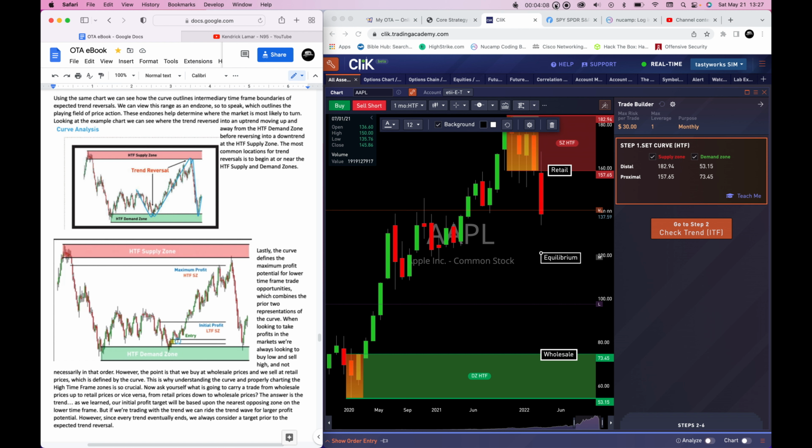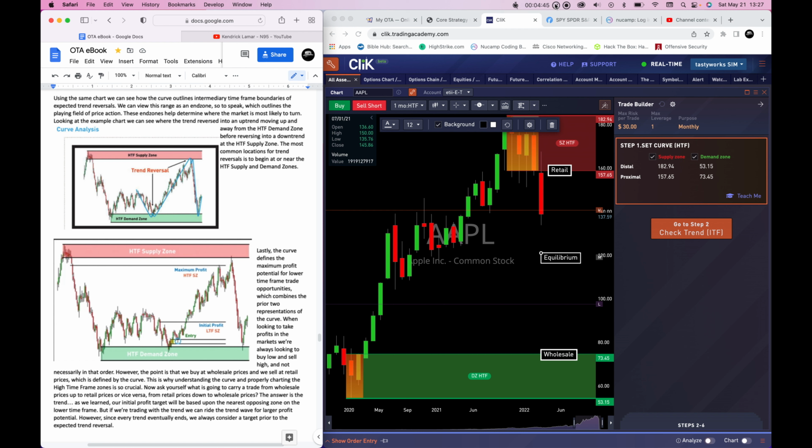However, the point is that we buy at wholesale prices and we sell at retail prices, which is defined by the curve. This is why understanding the curve and properly charting the high time frame zones is so crucial. Now ask yourself, what is going to carry a trade from wholesale prices up to retail prices, or vice versa, from retail prices down to wholesale prices?